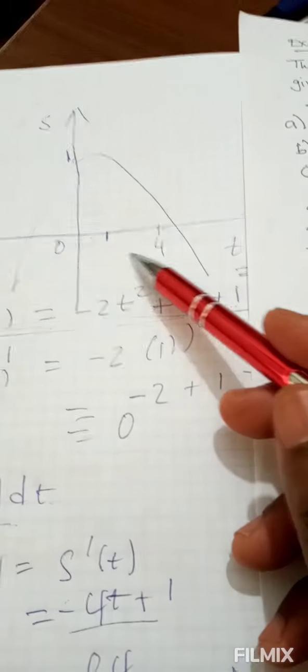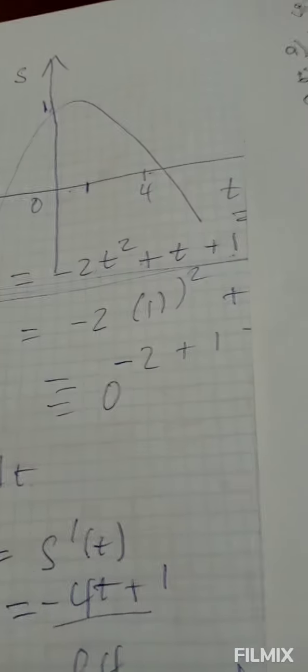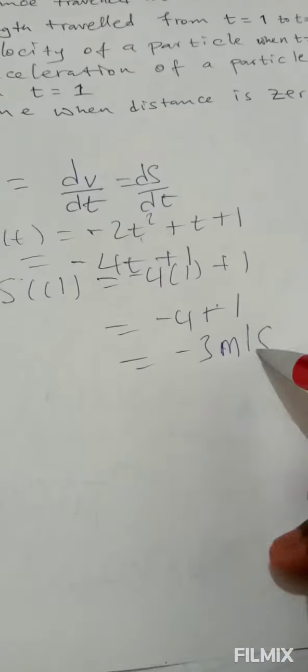So at time is equal to 1, it is decelerating. It is not increasing, so the velocity is in the negative direction. So it is minus 3 meters per second because the particle is decelerating.